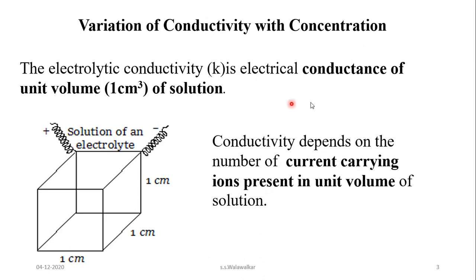So conductivity depends on the number of current carrying ions present in unit volume of the solution. If the number of ions present in unit volume is less, conductivity is less. And if the number of ions in between this region, that is 1 centimeter cube volume of solution, is more, then conductivity is more.